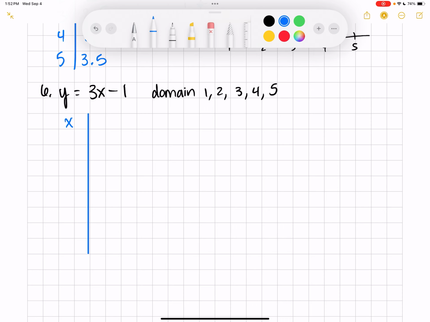So I want you to, on your own paper, go through and find your x and y values that go together. And then I want you to try to graph them, and then we'll go over it together.